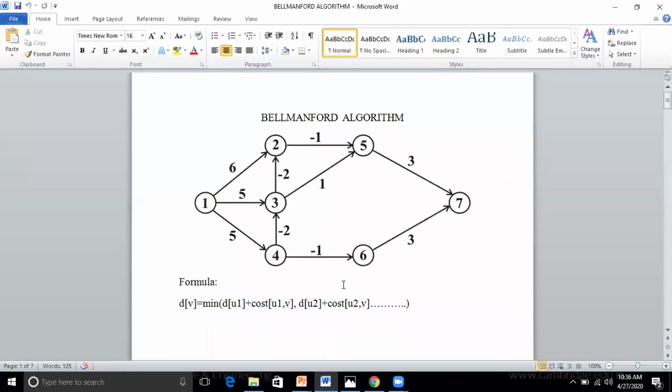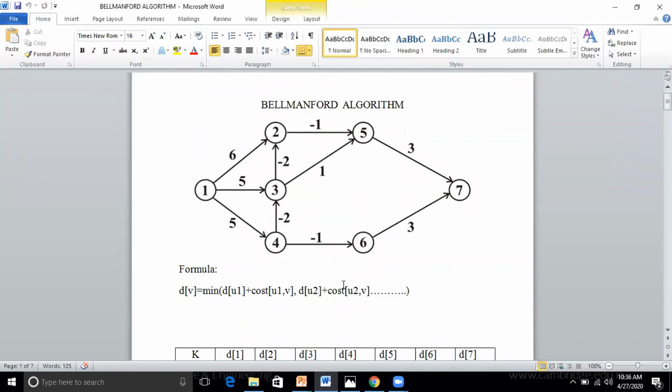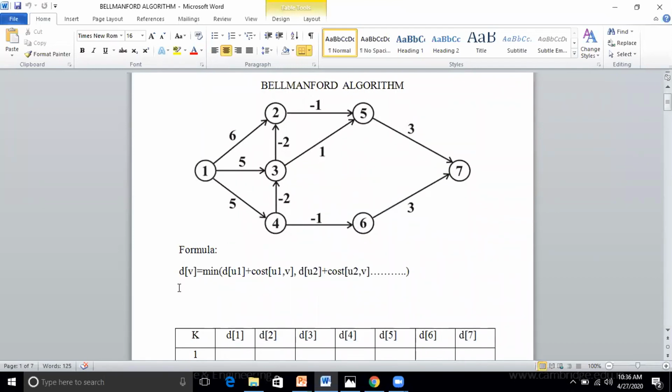If you know the formula, this problem will become very, very easy. Now, we need to find the shortest path. So let me take d of v equals min of, where u1, u2, u3 are the incoming edge vertices.